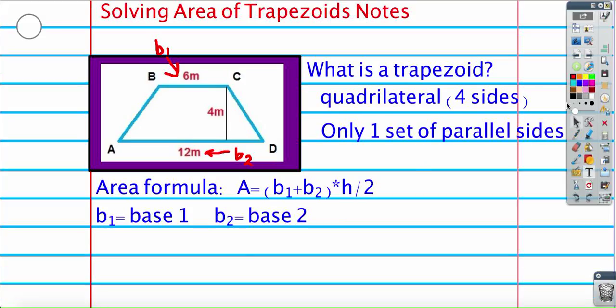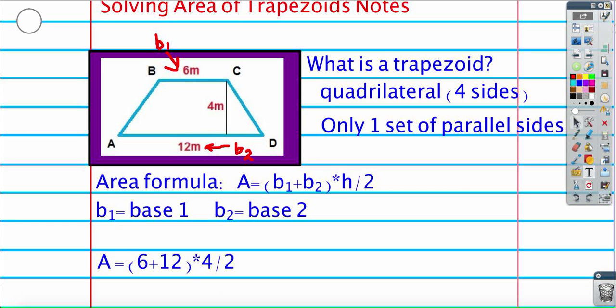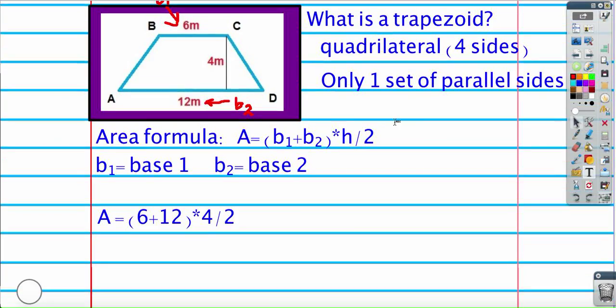So you're going to have area equals base 1, which is 6, plus base 2, which is 12, times your height, which is 4, and then we're going to divide by 2. Okay, so again, that's base 1 plus base 2 times your height divided by 2.